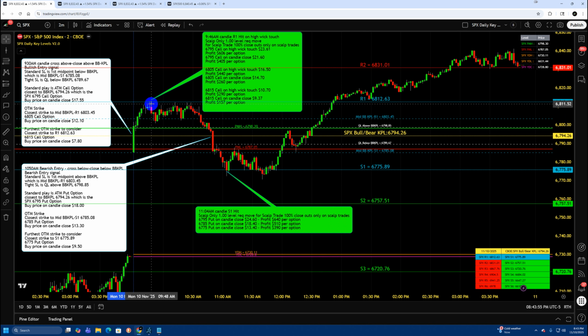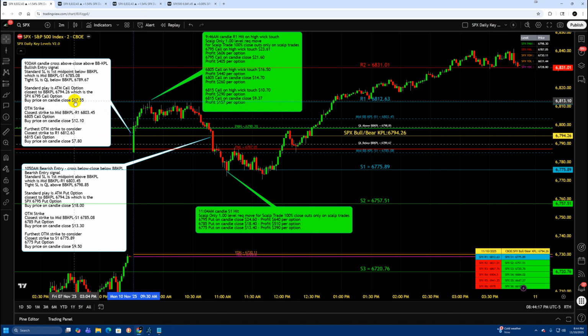It hits R1 here on this wick touch. As you can also see, there were a couple of other wick touches here, and on this wick touch, it went slightly above the 68.1263, and thus you would close out all of your contracts.